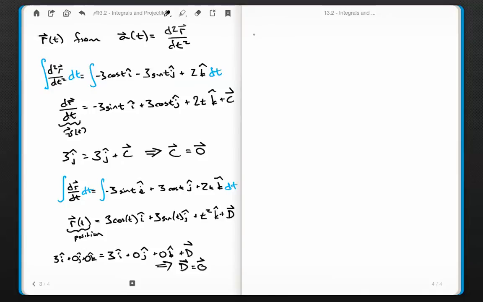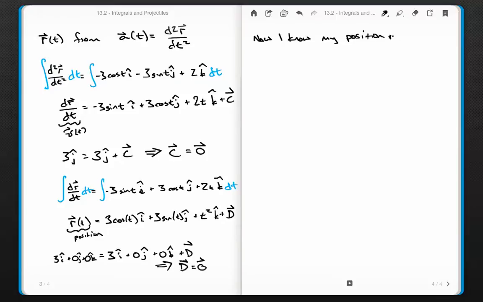All right, so that's convenient. So now I know my position vector function, r of t equals 3 cosine of t i plus 3 sine of t j plus t squared k.